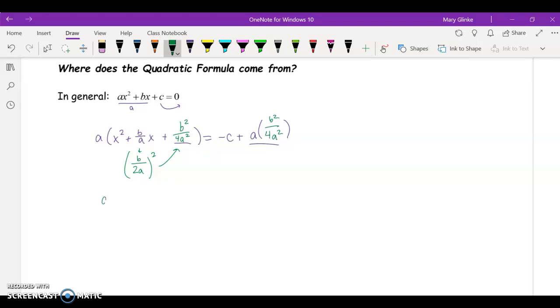And so now we're going to factor the left-hand side. It's going to become an a and then x plus b over 2a, quantity squared, equals negative c plus, now when we simplify this, the a out in front is going to reduce out with one of the a's that's inside. So it's going to become b squared over 4a.